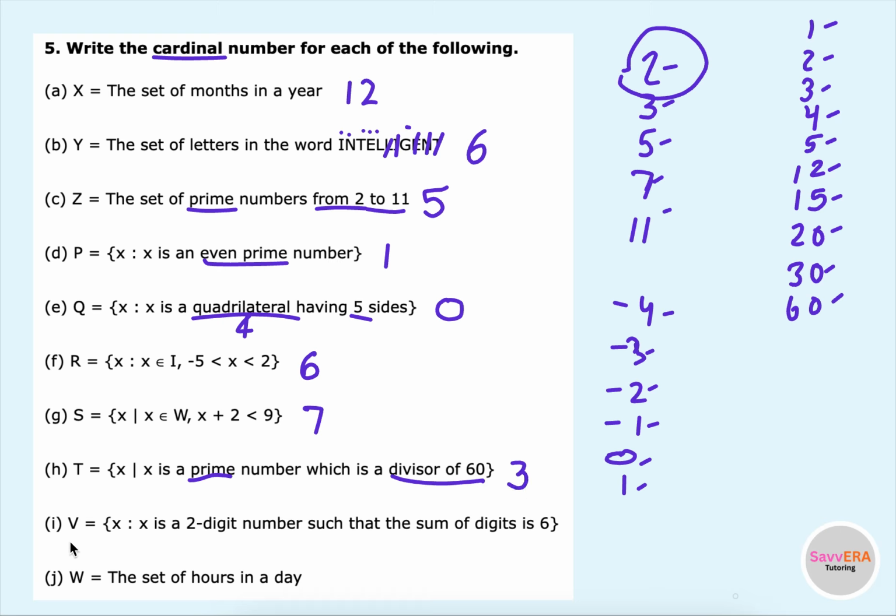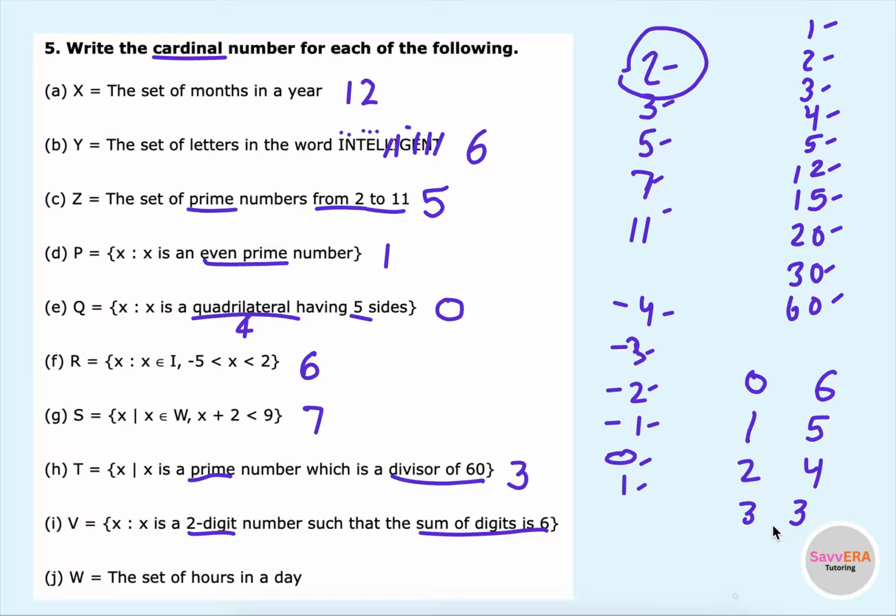Then it says set V has X such that it's a 2-digit number that has the sum of its digits as 6. So 2-digit numbers that add up to be 6. So that could be 0 and 6, 1 and 5, 2 and 4, 3 and 3.